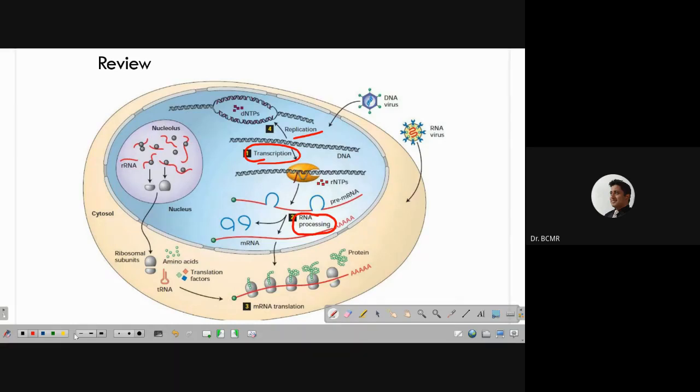There are three key factors that we would have to know. One is the cap, the second is to remove the introns, and the third is to have a poly-A tail. This is true for the majority of eukaryotic organisms, right?